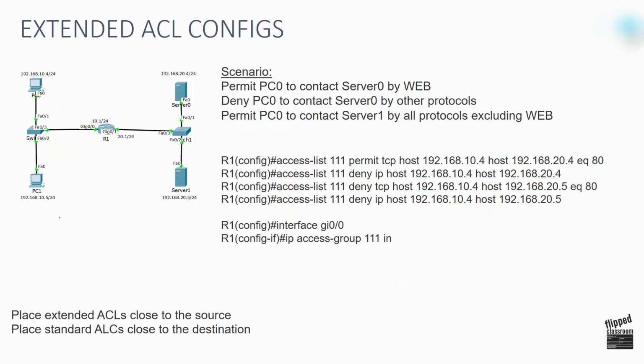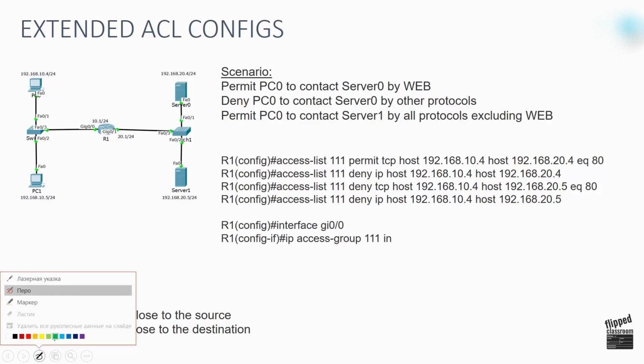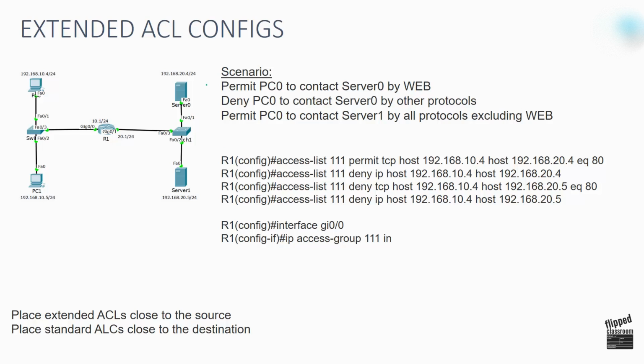So in our scenario, we have to create an access list which will permit communication from PC0 to web server 0. It means that PC0 is able to communicate to server 0 only if it is a web request.